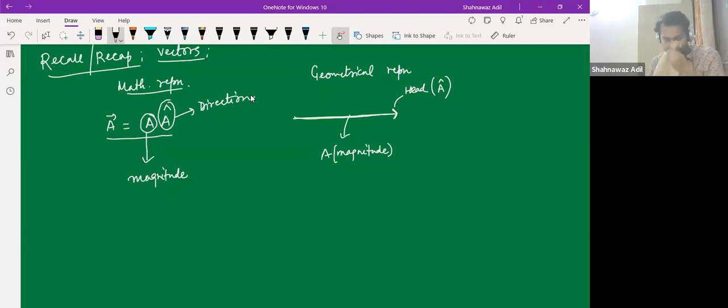So this talks about the direction. Sorry guys, I have a cold. So A hat talks about the direction, and it is a unit vector.